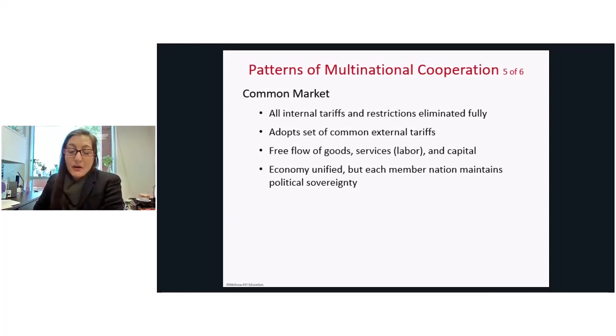And what we're talking about with a common market is all internal tariffs and restrictions fully eliminated. We're talking about adopting a set of common external tariffs so that we're facilitating the free flow of goods, services, including labour and capital. So the economy in a common market is unified, but each member nation maintains political sovereignty.